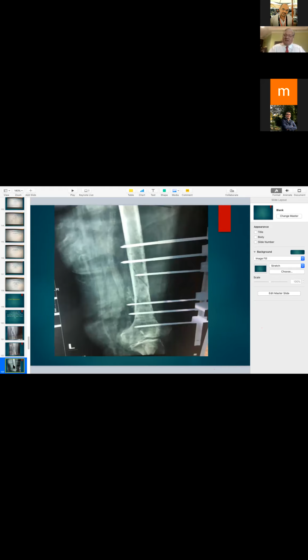Then infection, foreign body infection, plate infection happened because there is a risk factor. Maybe renal parameters were not corrected or the blood sugar fluctuated. After infection, they removed the implant and put external fixation. Perfect job. This is the rule of what we do.